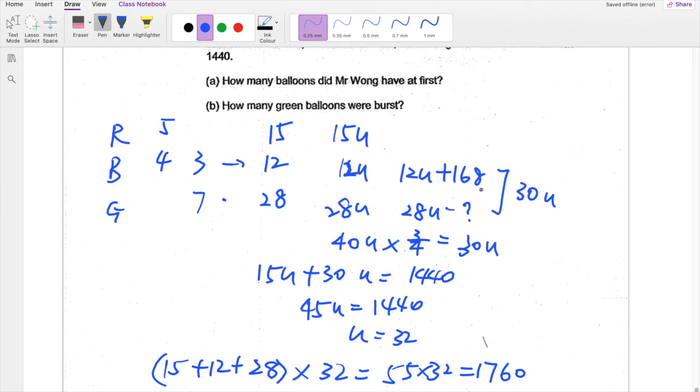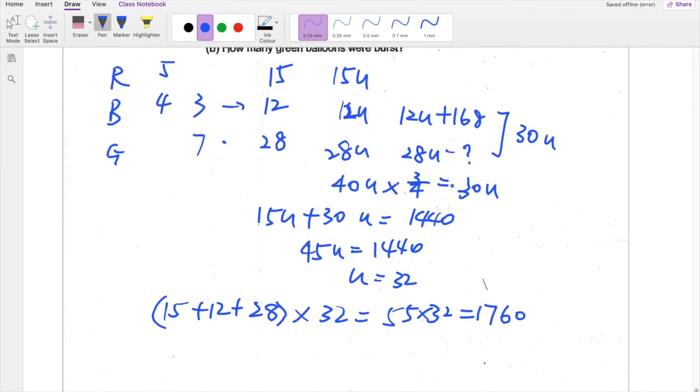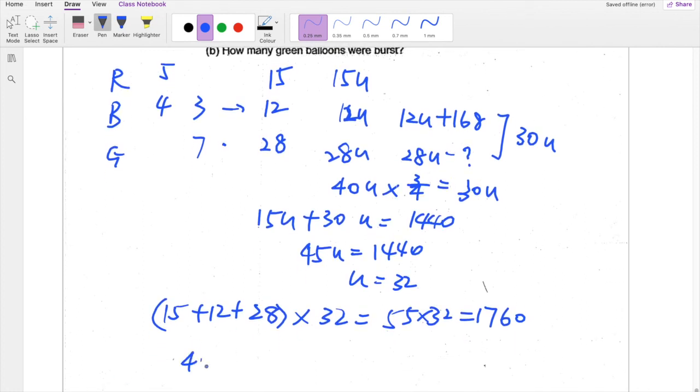Then he said how many green balloons are burst. So what we see here, this one is 30U, right? Then we add here is 40U plus 168. This is the total here, right? If minus 30U, this is the amount which is burst, right? It's 10U plus 168.